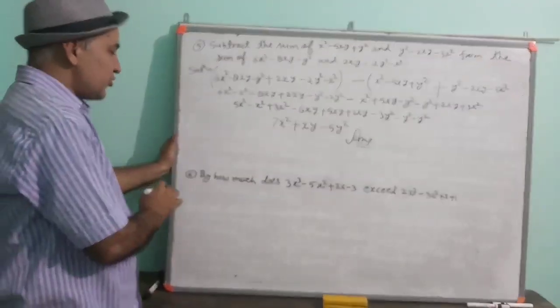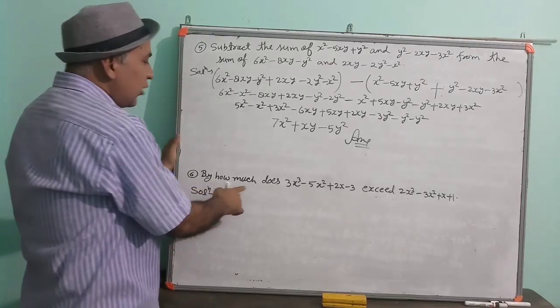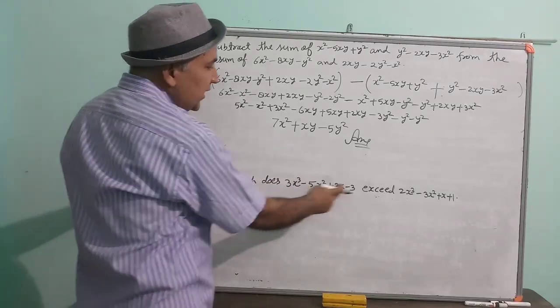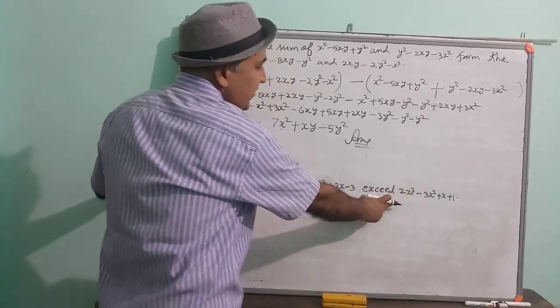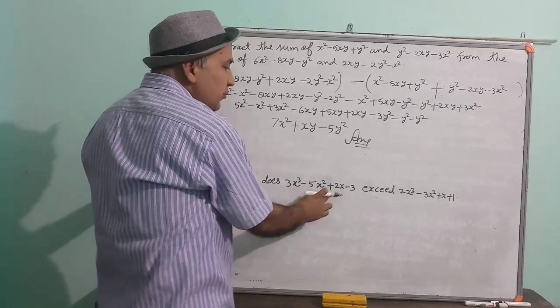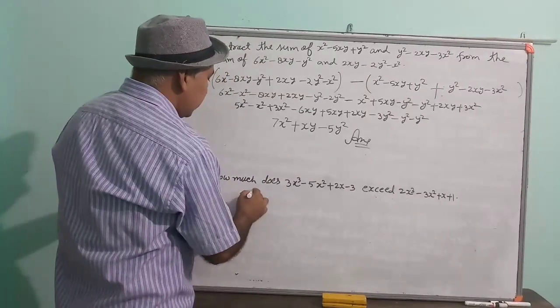Now see the last question. By how much does this number exceed this expression? Exceed means subtract. How much this number is more than this number? So this process is very simple.